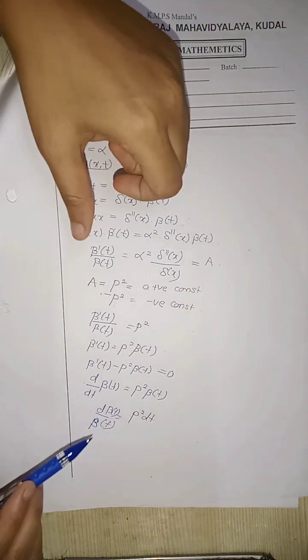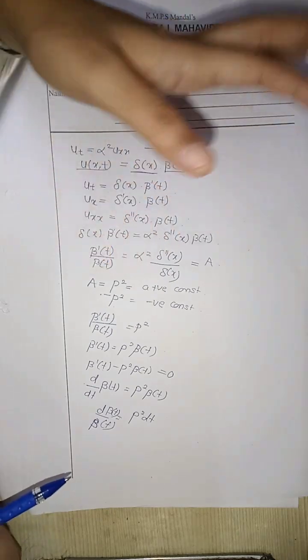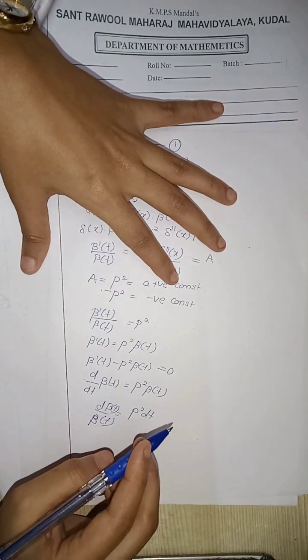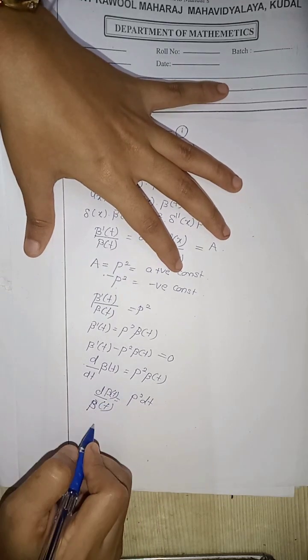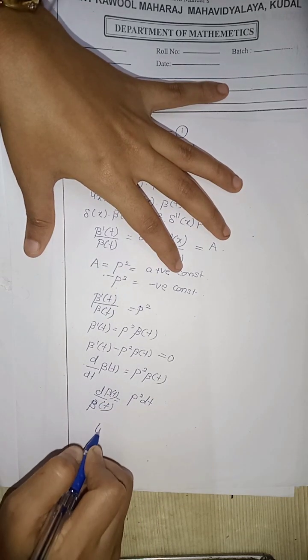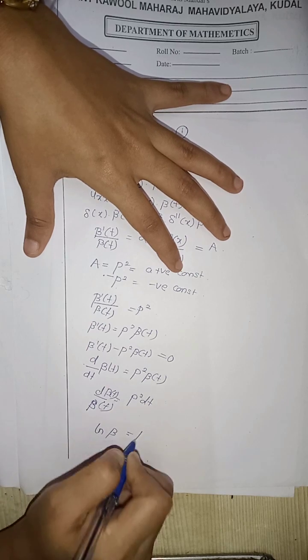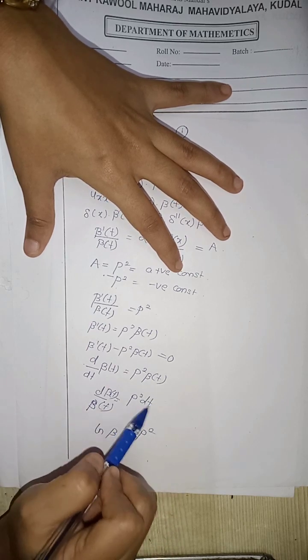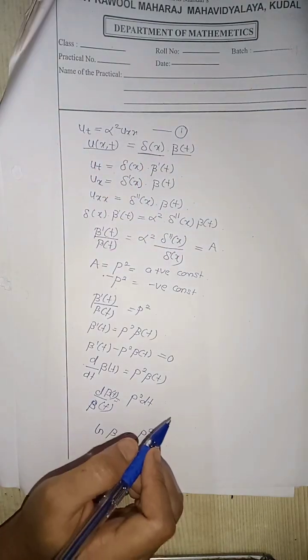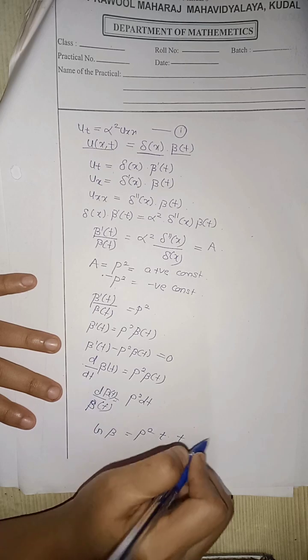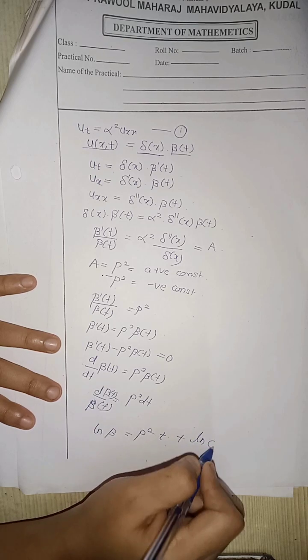Now you have to integrate both the sides. So integrating both the sides, you'll get 1 upon beta t d beta t, which is nothing but the natural log of beta, equal to p square into t, since dt is just 1 dt, plus some constant of integration.